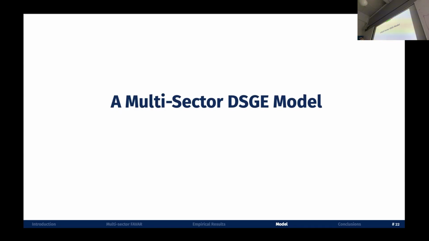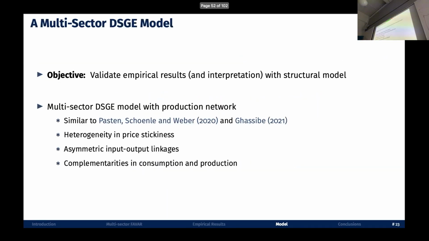We take a production network model that really mimics the structure that we have in the data. We can calibrate it very carefully with input-output data from the production network, with usages of inputs and so on. We simulate the data from the model, and then we run our statistical approach on the simulated data.